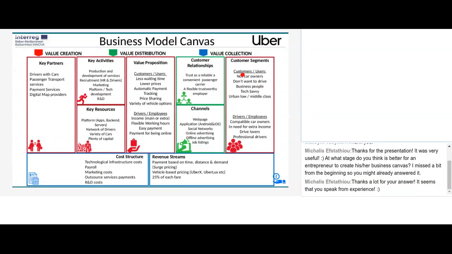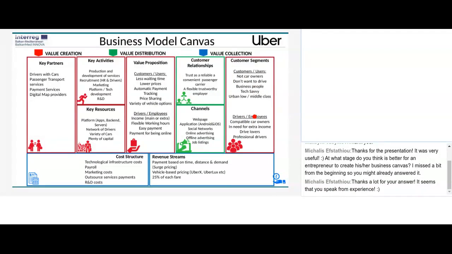The customers or users are people that do not own cars, or people that don't want to drive. For example, you went to the bar on a Saturday night and you're really drunk, you had about 3-4 whiskeys, and you really cannot drive. So you just request an Uber, or any other situations like that.